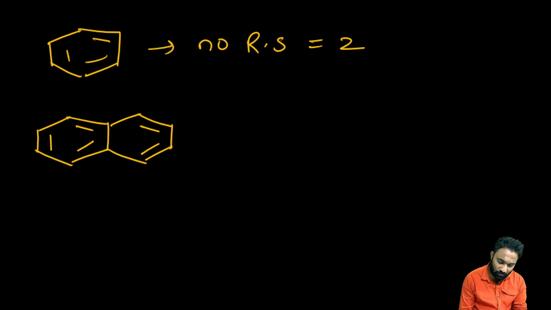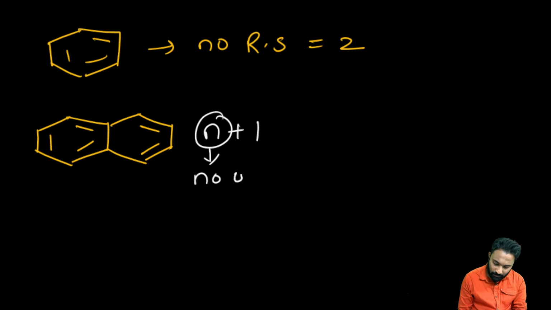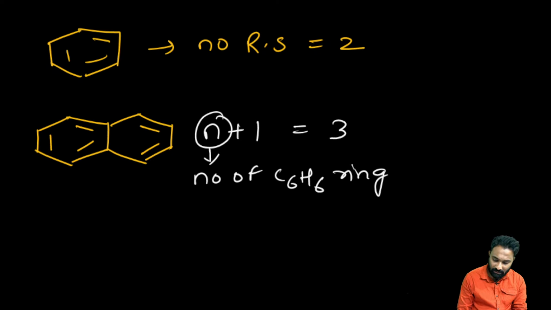Directly you can say, there is one key formula you have to use, that is n plus 1. Here n is the number of benzene rings. Here the number of benzene rings is 2, and plus 1 will give you 3. For naphthalene, 3 resonating structures are possible.